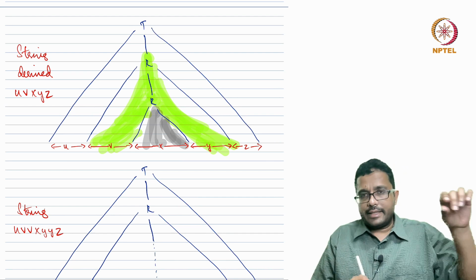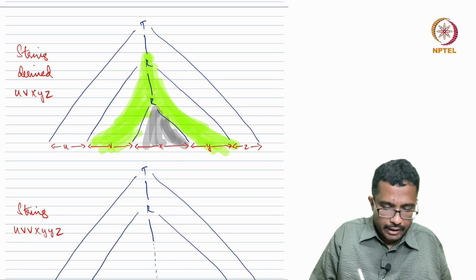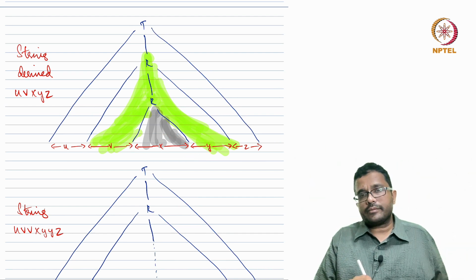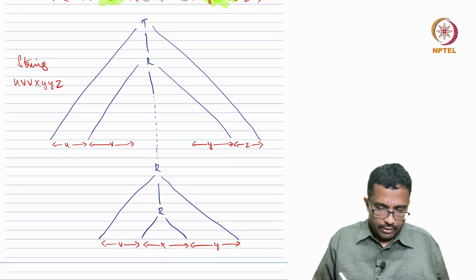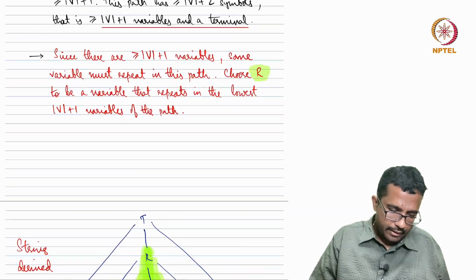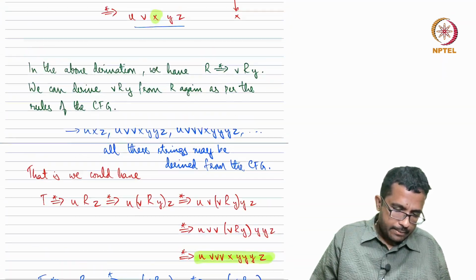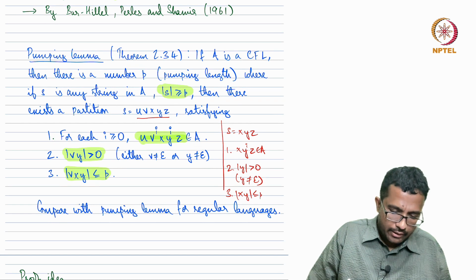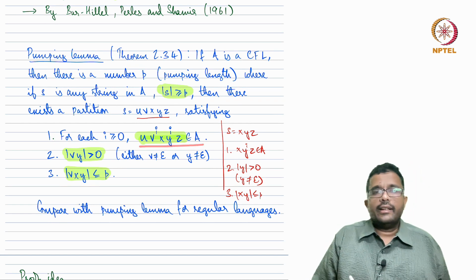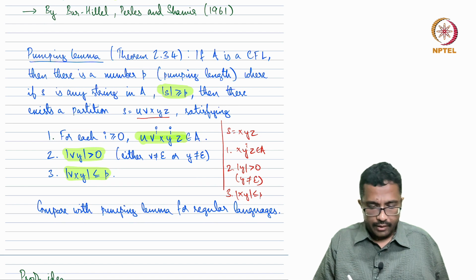And finally, for the second instance of r, what is derived by r is x. That's how we get u, v, x, y, z. So the first part of the first statement, that we can split s into u, v, x, y, z such that for all i, u v power i x y power i z is in A, is verified.